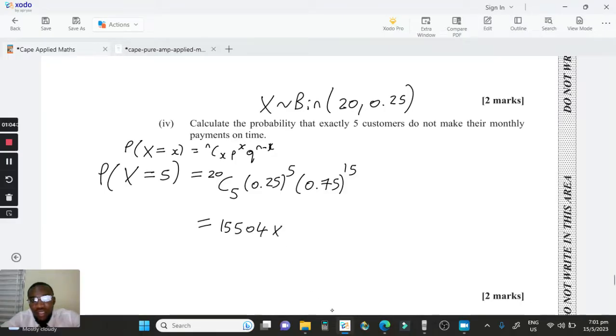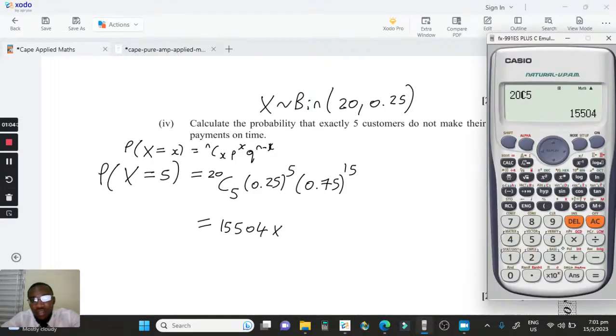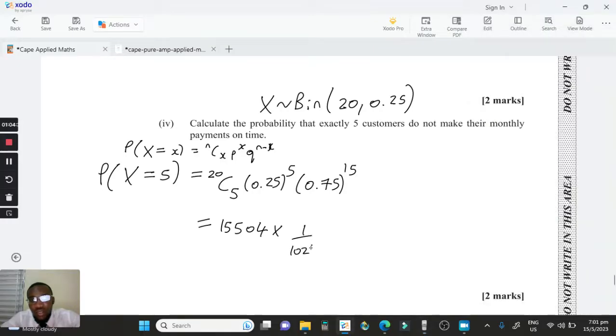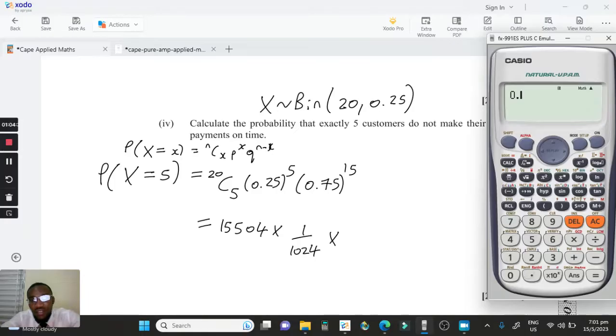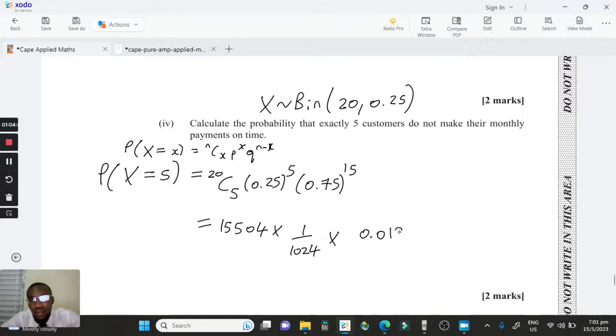20 choose 5 is 15504, times 0.25 to the 5th, which is 1 over 1024, times 0.75 to the 15, which is 0.013.